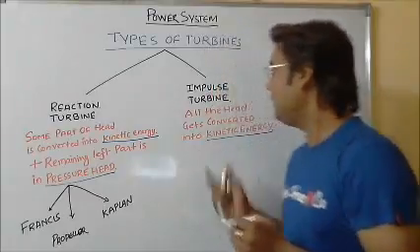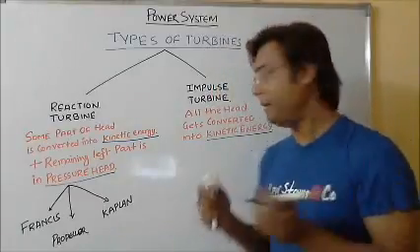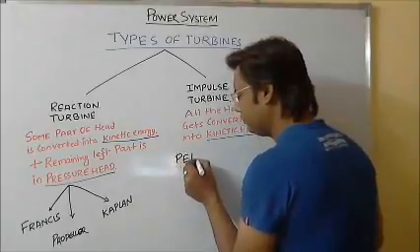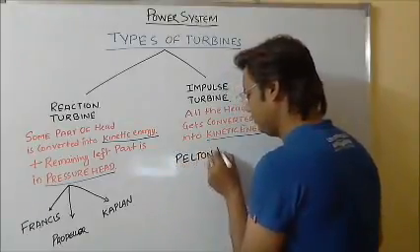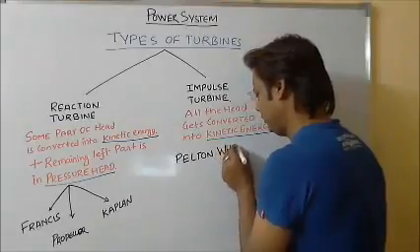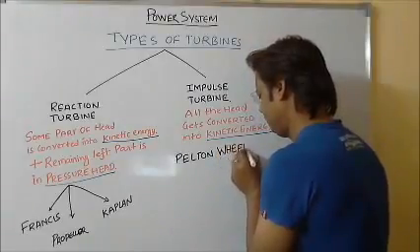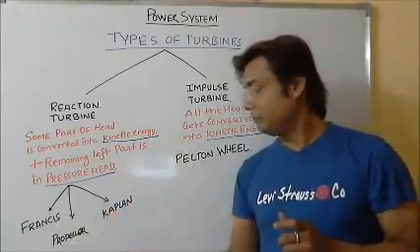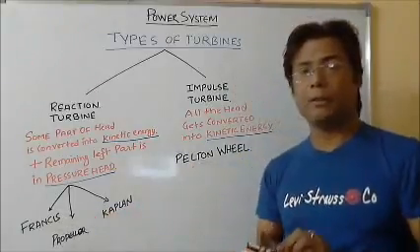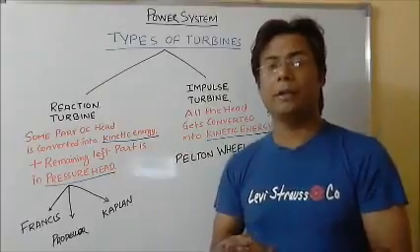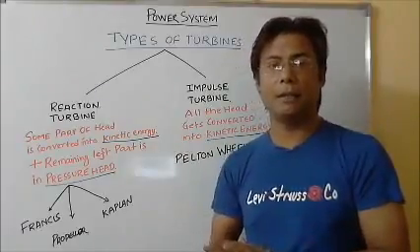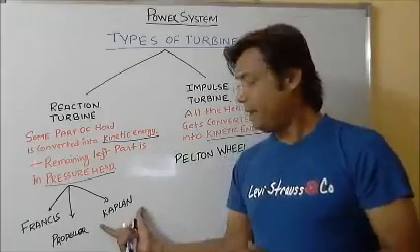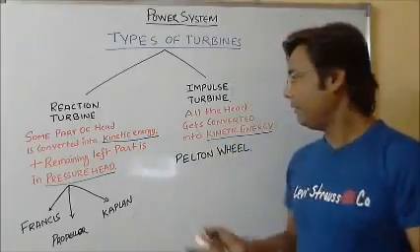Whereas in the impulse type of turbine, the Pelton wheel is coming. These are the four names which are normally used in hydroelectric plants: the Francis turbine, the propeller turbine, the Kaplan turbine, and fourth, the Pelton wheel.